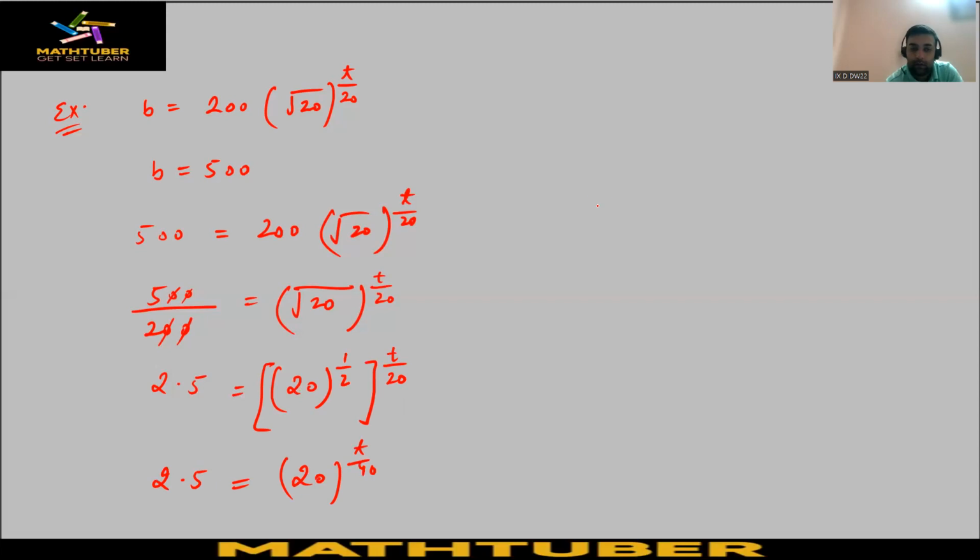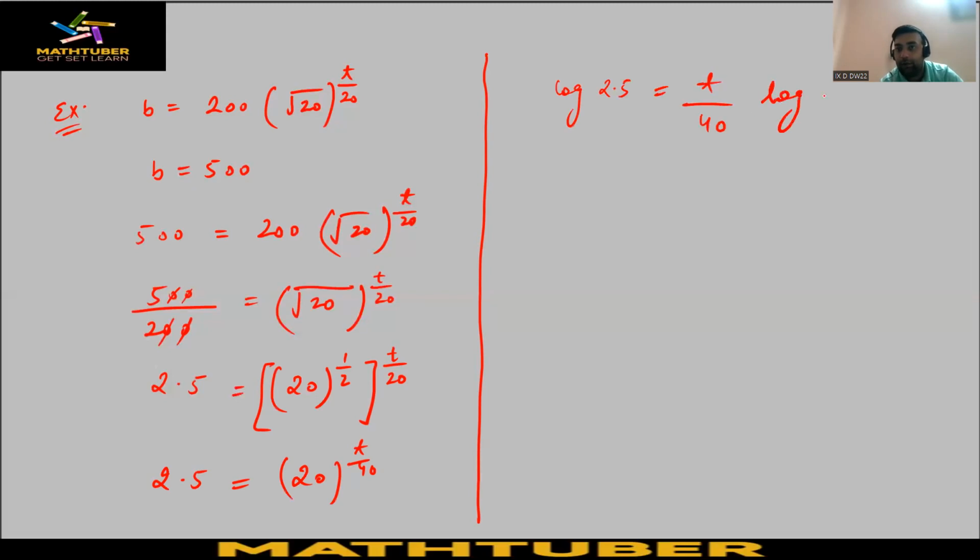Right now, if you want to find out the answer, we have to take log on both the sides. So taking log, you will get log of 2.5 is equal to t upon 40 log of 20, and log of 20 can be written as log of 2 into 10 raised to power 1.